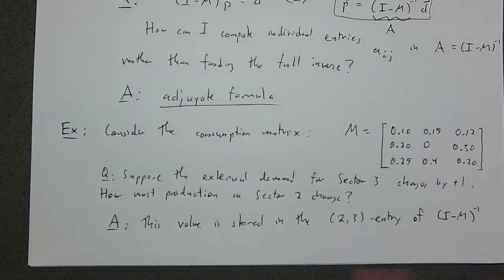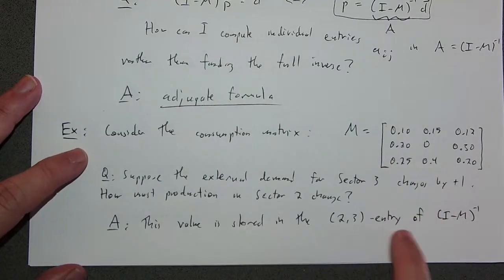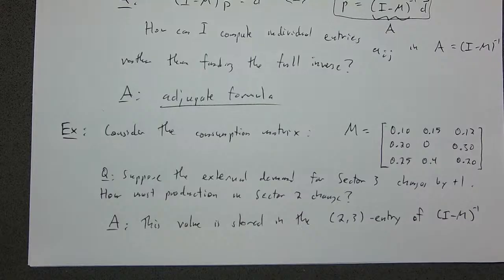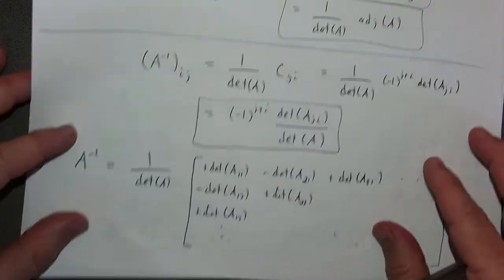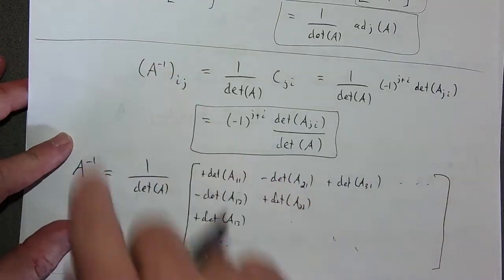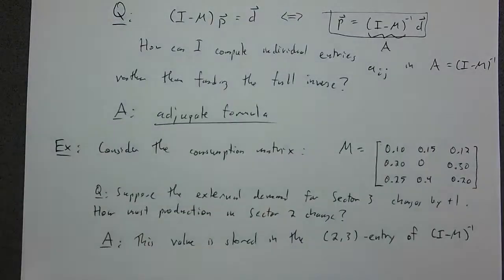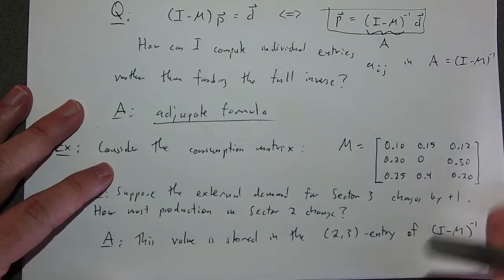Okay. Now, in order to compute this using the adjugate formula, the form of the adjugate formula I'm going to use is for the ijth entry of A inverse. Let's write out what I minus M is.